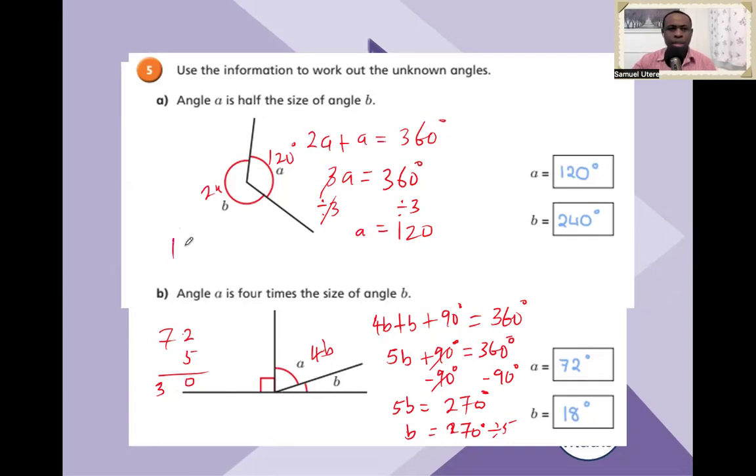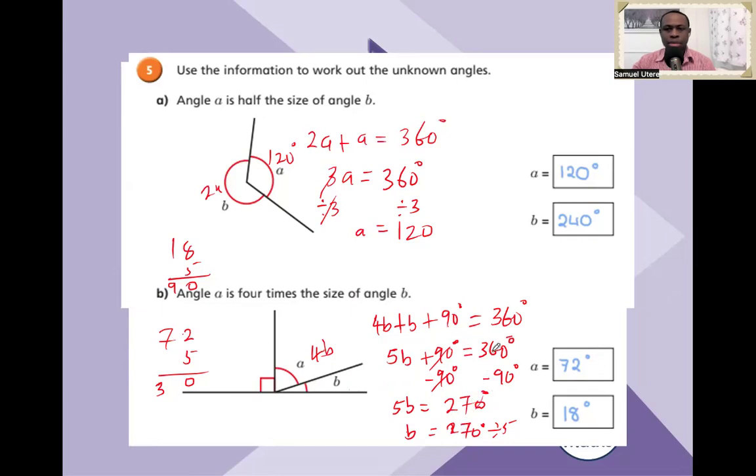Let's check 18 times 5. 5 times 8 is 40, 0 carry 4. 5 times 1 is 5 plus the 4 we carried. So that's 9. So that's 90. So B should be 18. And there are 4 times of that.